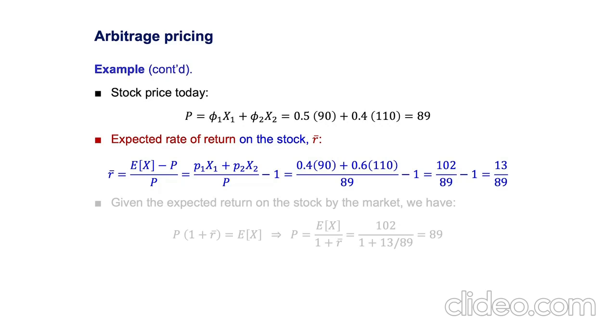If we plug in the numbers, that gives us 0.4 times 90 plus 0.6 times 110 for the numerator, divided by 89, its price, then minus 1. Finishing the computation, we get the expected rate of return on the stock to be 13 divided by 89.